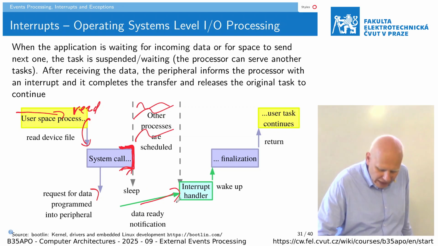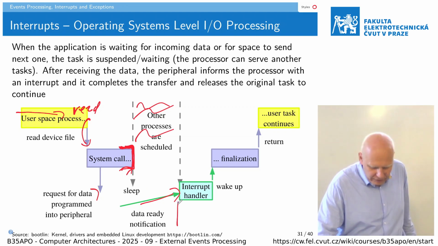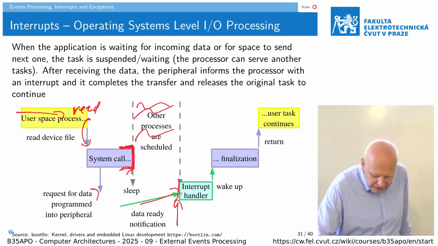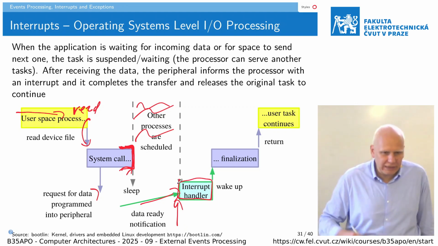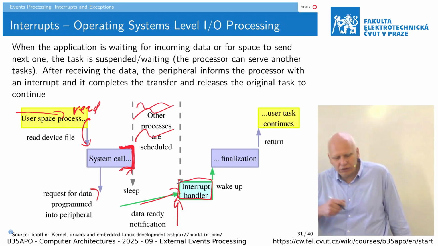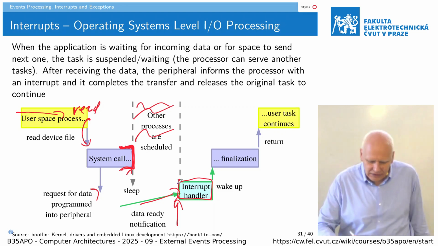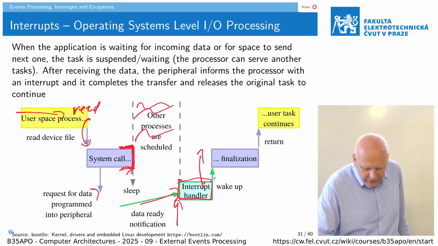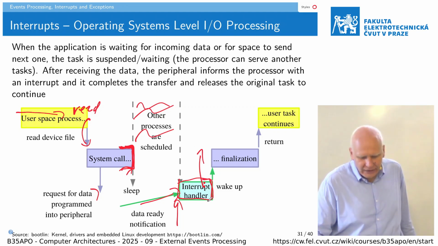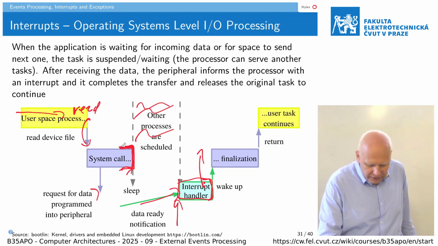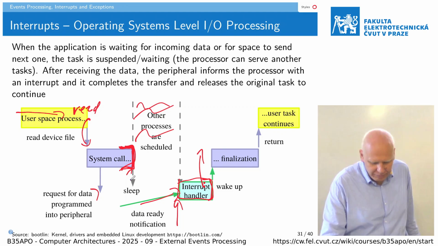And at some time, data arrives through the serial link, and the interrupt does the processing which we have seen, but in this case it doesn't directly echo the character back. Instead, it stores it somewhere to a buffer, and then it informs that we should wake the continuation of the task which was sleeping.